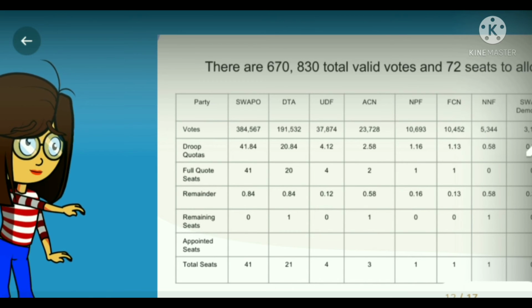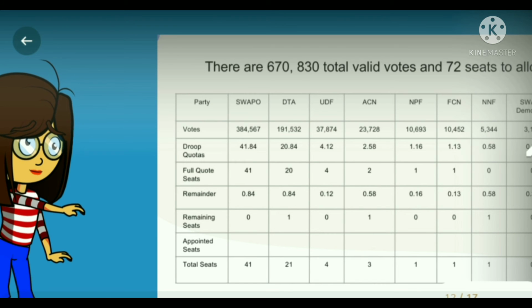So here we will proceed to the remaining seats. We'll be giving 1 seat for every highest remainder. As we know, SWAPO has 0.84, but it has already constituted half of the seats in the parliament, so we will give the seat to the next highest remainder.